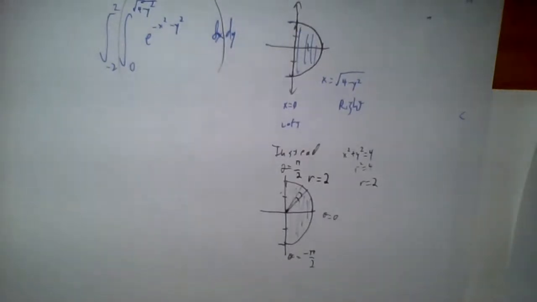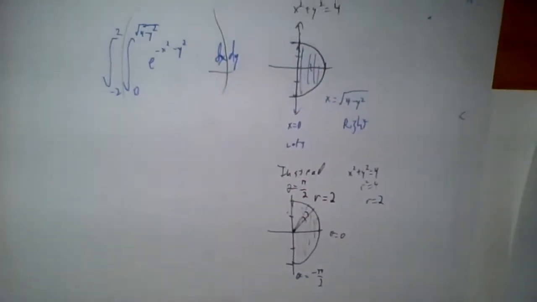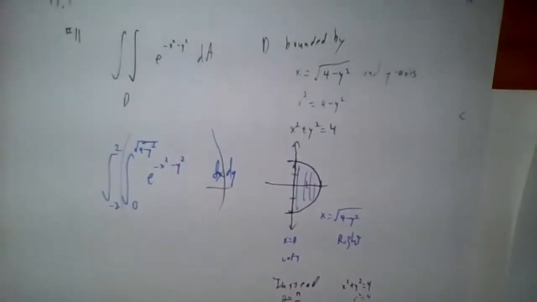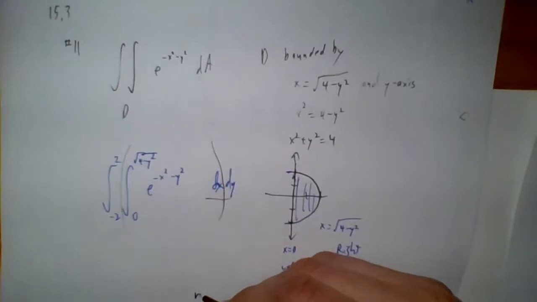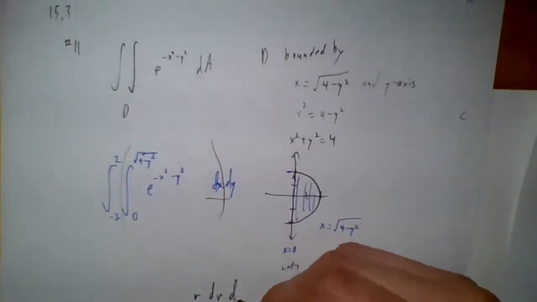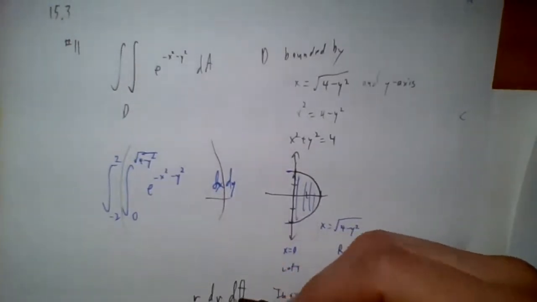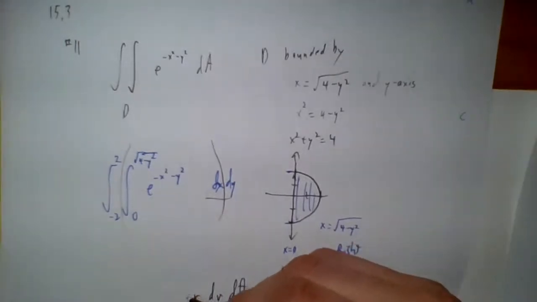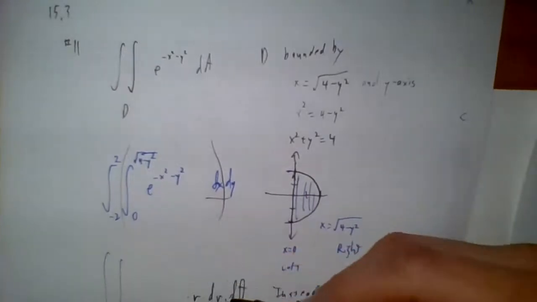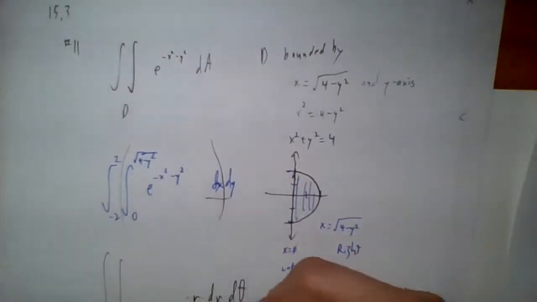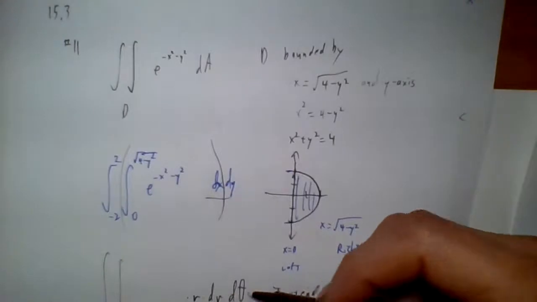And instead of dA turning into just length times width, dx dy, it turns into, well, a little geometry there, but this little chunk of area, this little dA here, turns into the area formula for that, which is actually r dr d theta. Now, these are interchangeable. It's got to be times r. So the r just gets multiplied by your function here, and we're going to integrate it.